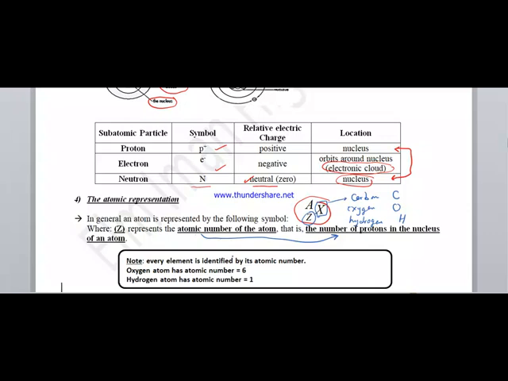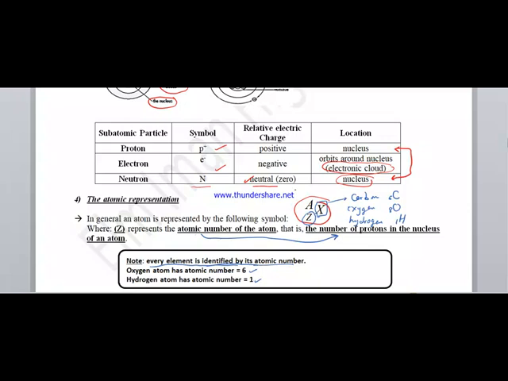For example, carbon has an atomic number 6, oxygen has an atomic number 8, and hydrogen has an atomic number 1.